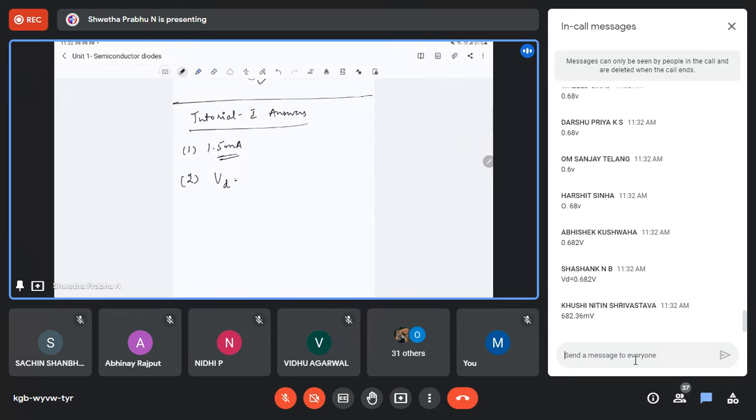May I know the answer? 0.682 volts, or 682.3 millivolts. Please verify the answers. Next question.